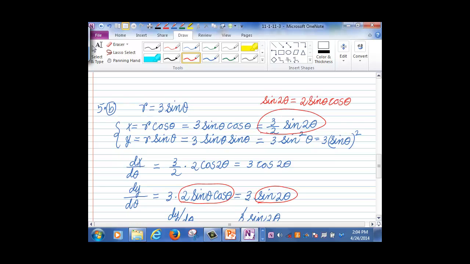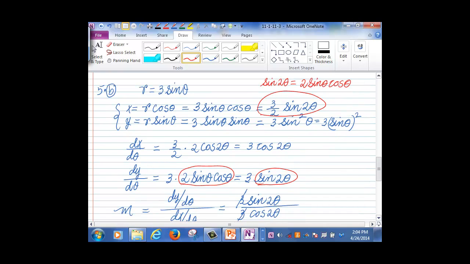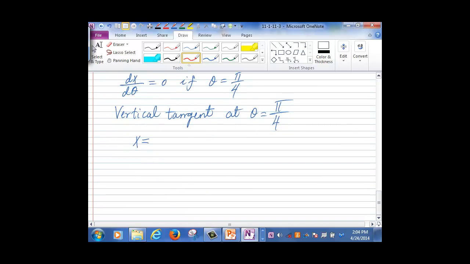And what is the x value when θ is π/4? 3/2. So the equation of the vertical tangent is the vertical line x equals 3/2. Am I okay with that?